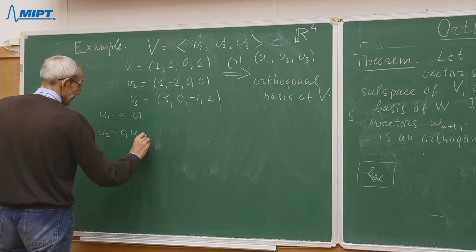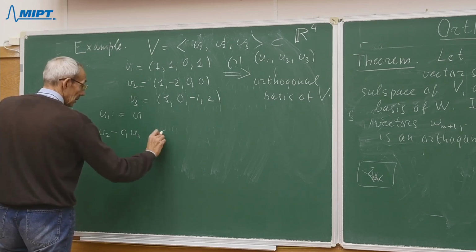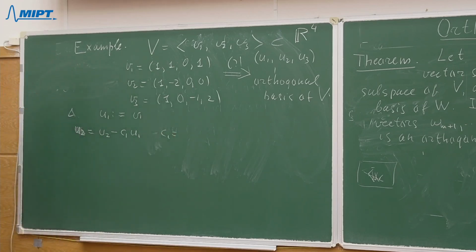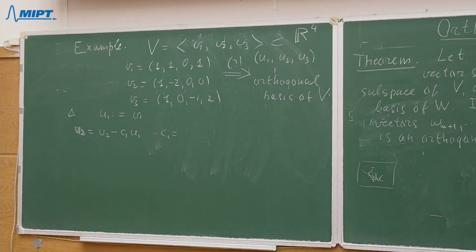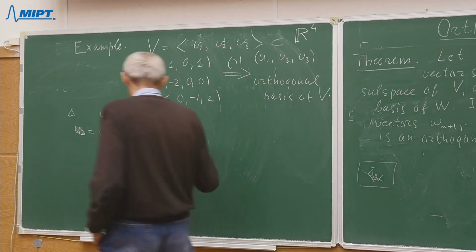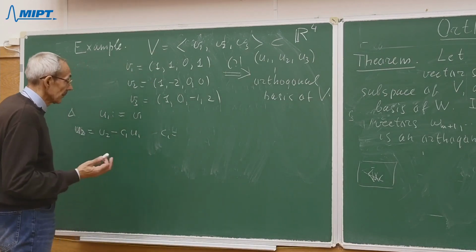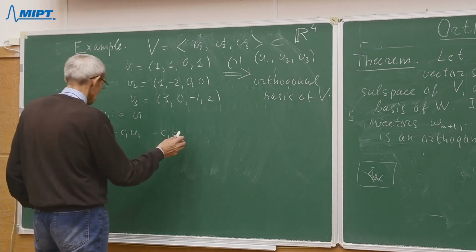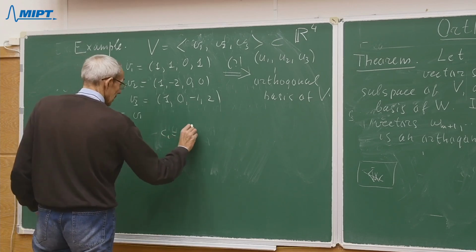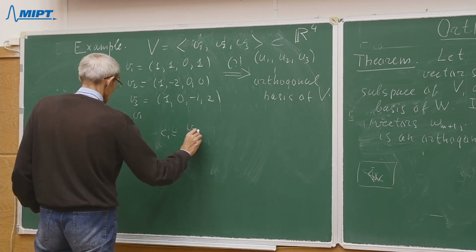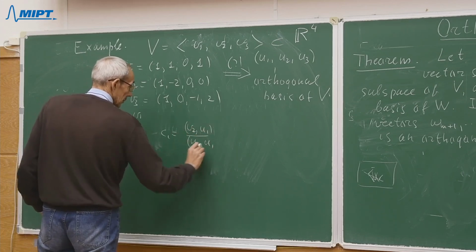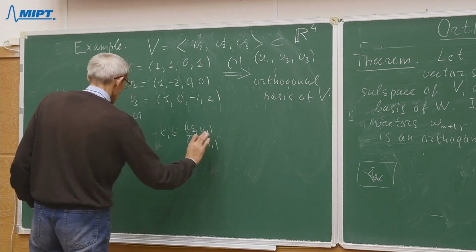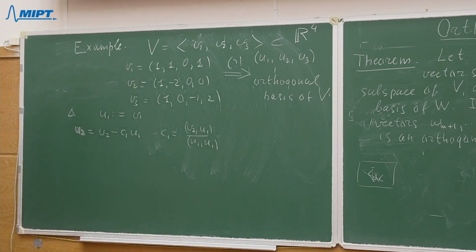And c1 we define by the formula from the Gram-Schmidt algorithm, namely c1 is equal to the ratio of (v2, u1) to (u1, u1).